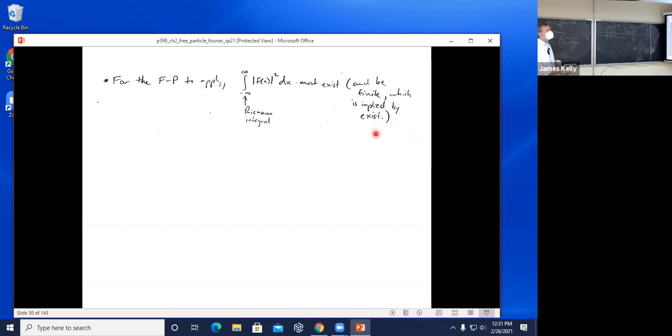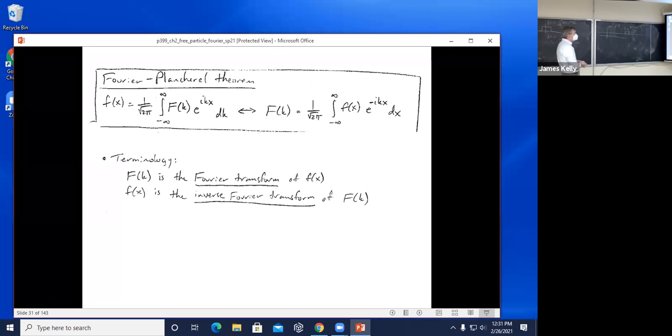Being infinite, we're not going to call existing. So it can't be a divergent integral of any kind, and it can't just simply go to infinity. It's got to be a finite number. But that's okay for us because this is psi of x0, and we're hoping it's a normalizable state, right? We're hoping we've already normalized it. Maybe there's area 1 under the curve. So we're talking about states that definitely should satisfy the conditions for the Fourier-Plancherel theorem to apply.